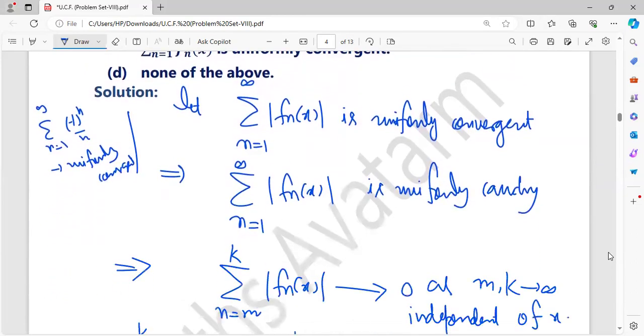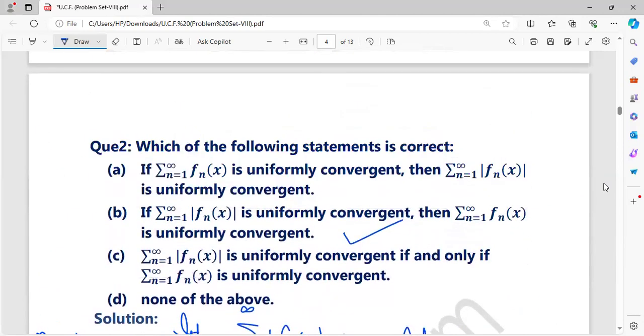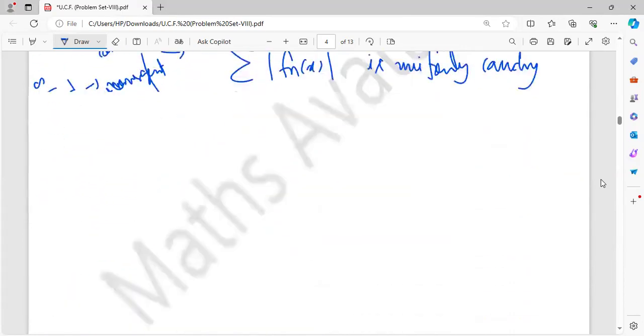Its absolute value is the summation from n = 1 to infinity of 1 upon n. That is not convergent even. So the first option is not correct. The third option is not correct because it is if and only if. So first and third are not correct, and obviously D will not be correct because B is correct.